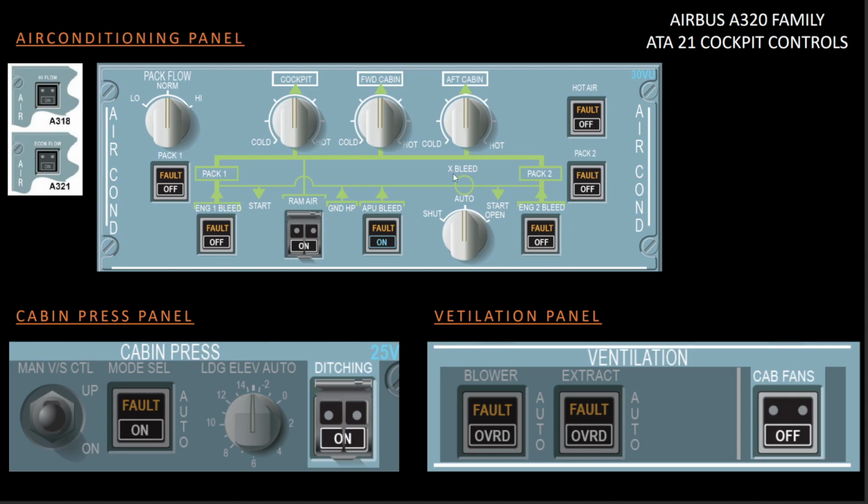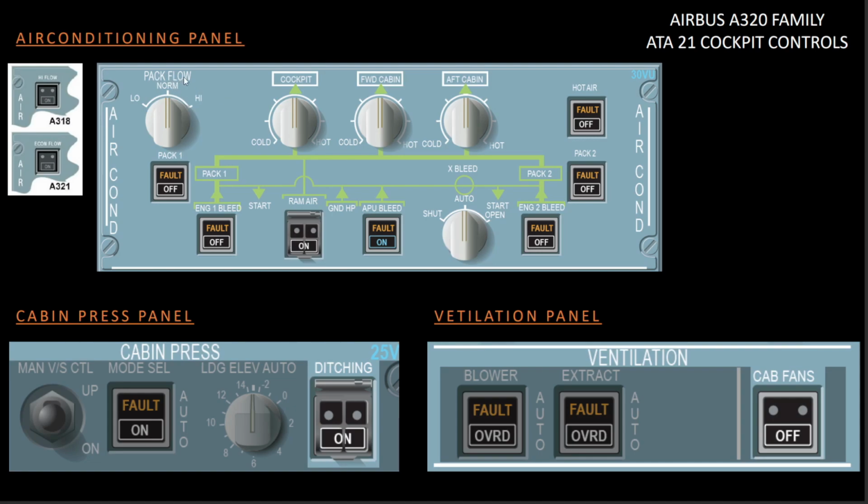Okay, first of all, we have the air conditioning panel, the overhead panel which I showed you. There you will find several rotary selectors and several push buttons. First, we have the pack flow selector, which has 3 positions: low, normal and high.